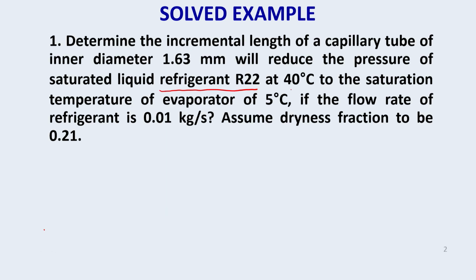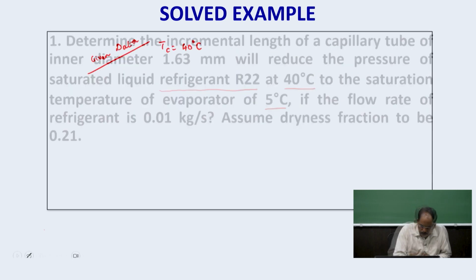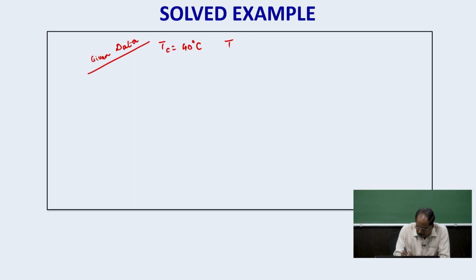This is the condenser temperature, 40 degrees centigrade, and this is the evaporator temperature, 5 degrees centigrade. So, the pressure is reduced from the saturation pressure corresponding to the 40 degrees centigrade condenser temperature to the saturation pressure corresponding to 5 degrees centigrade in the evaporator.